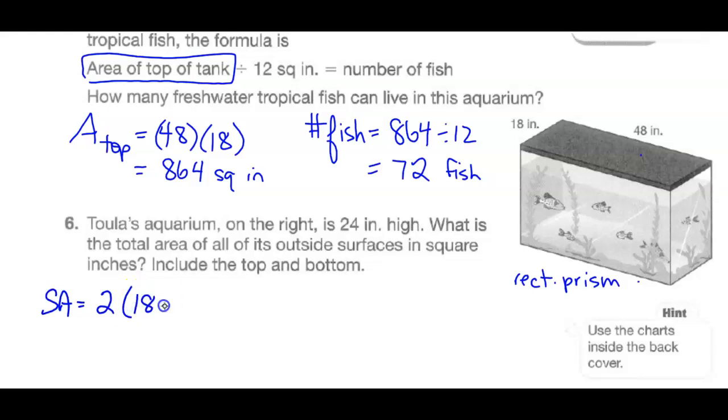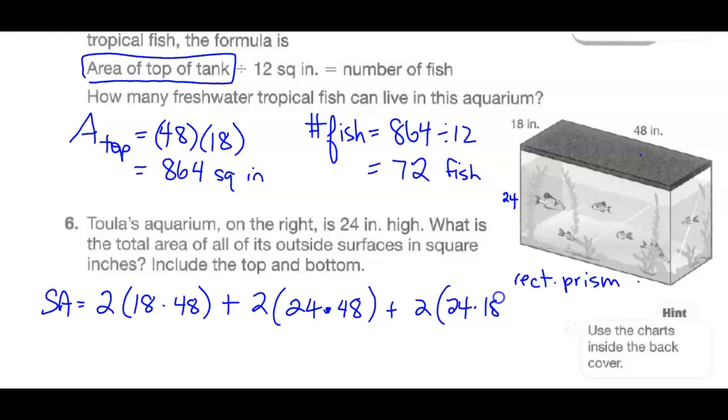So 2 times 18 times 48 plus, let's do the front and back, 2 times. So remember this is 24 inches high. So the front would be 24 times 48. And then the left and the right would be 24 times 18.